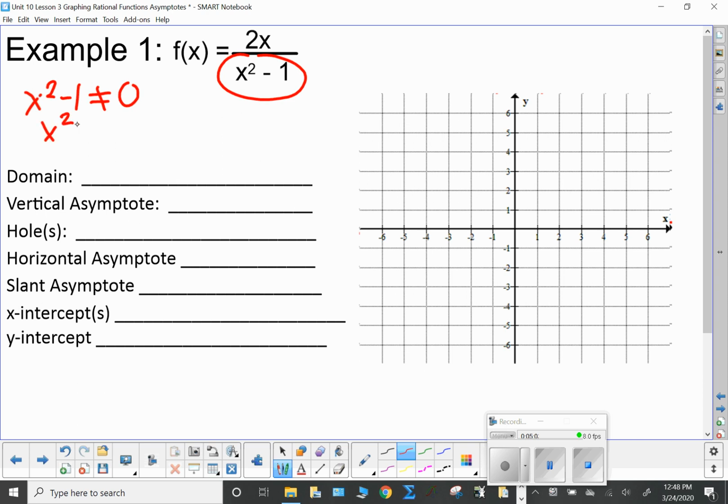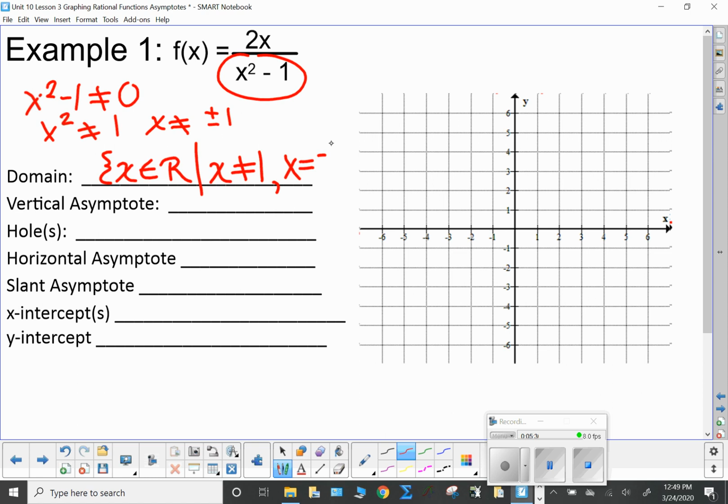X squared does not equal 1. That would mean that x cannot equal positive or negative 1 because I take the square root of both sides. So my domain is x is an element of real numbers such that x does not equal 1, x does not equal negative 1. Now, I could also have put x does not equal plus or minus 1. It's really your choice.